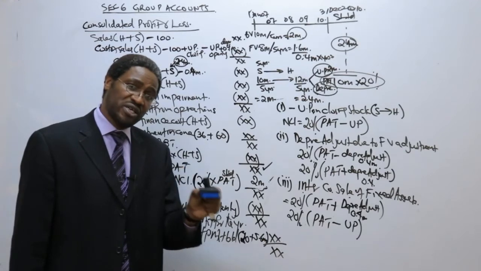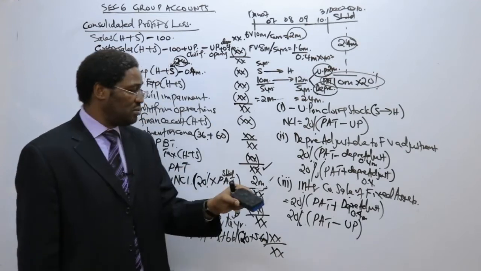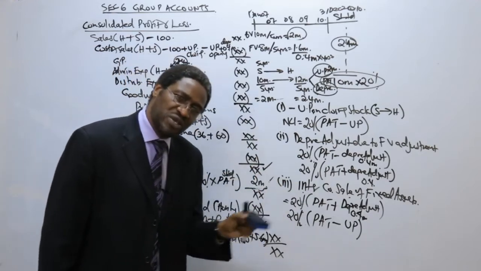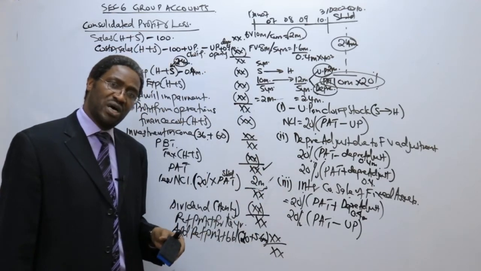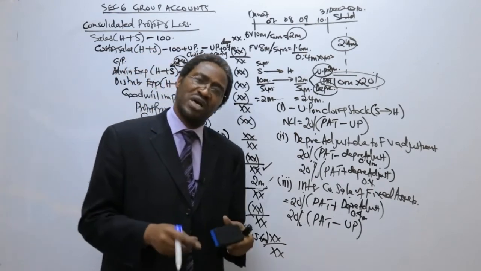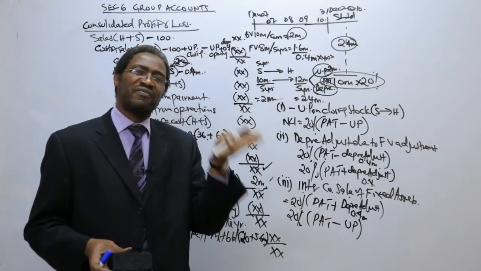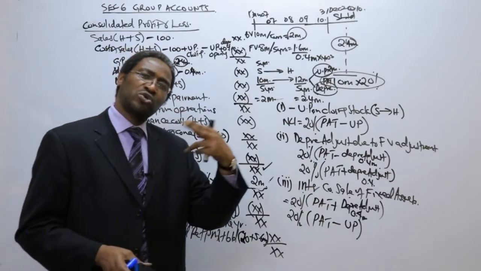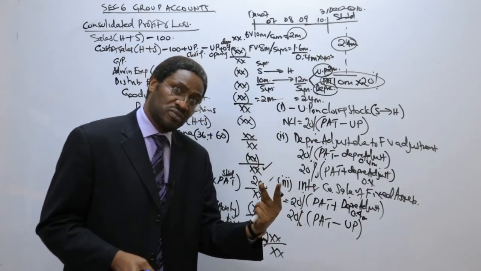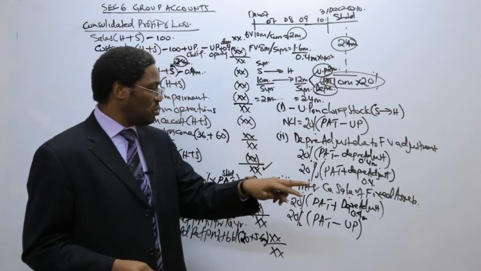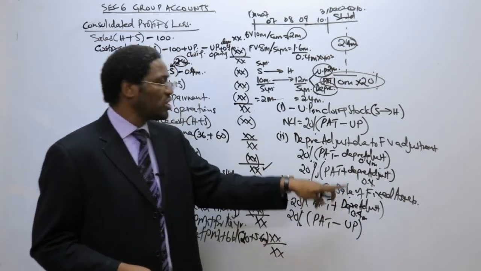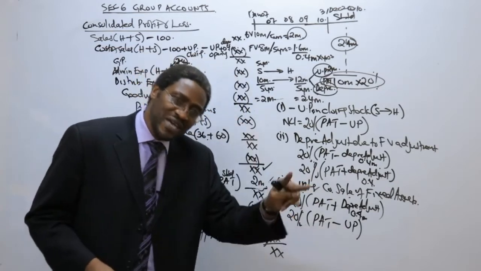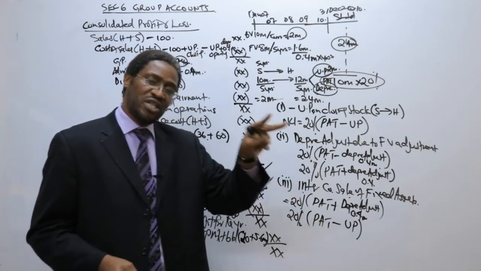I hope you have understood that. So when it comes to intercompany sale of fixed asset, don't forget, we are concluding by saying the profit after tax of the subsidiary company may be wrong because of two issues. I hope you have noted that. It could be wrong because of depreciation, or it could be wrong because of unrealized profit. It all depends on who sold that fixed asset.